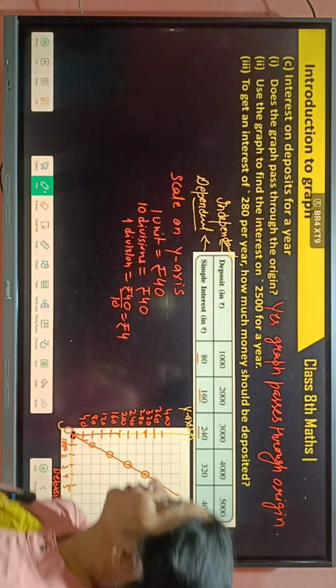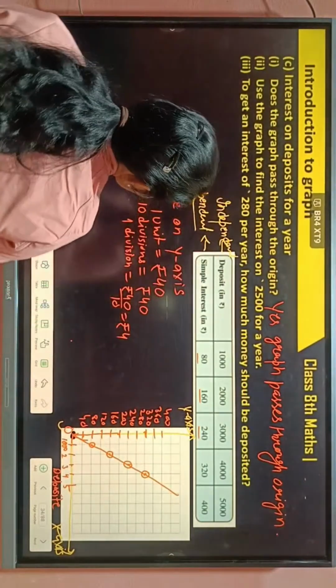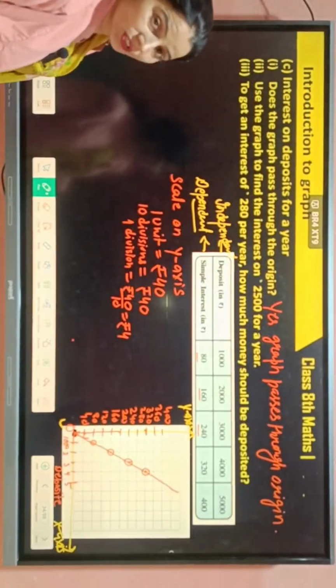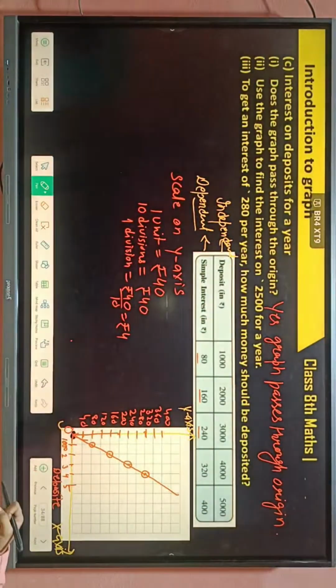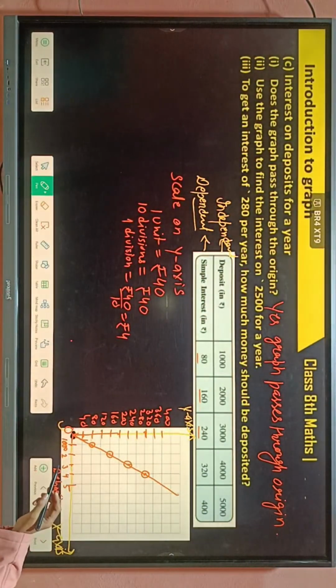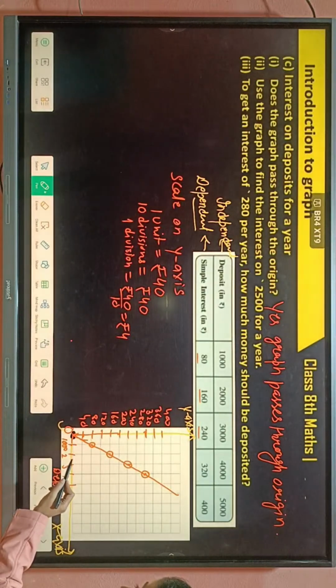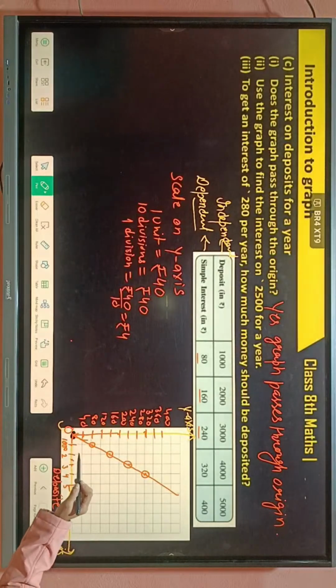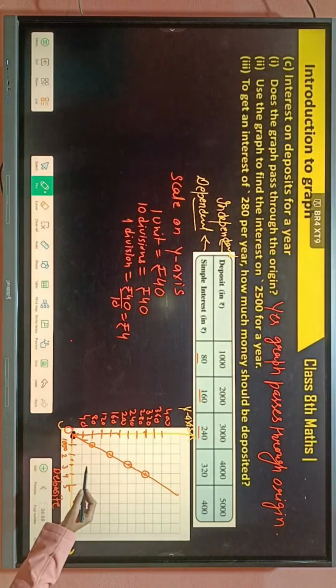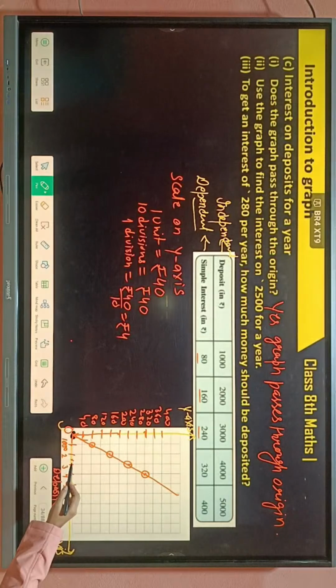Second point, use the graph to find the interest on 2500 for a year. If your deposition is 2500, in between of this one, then corresponding to this we have to find out what will be the interest for 2500.